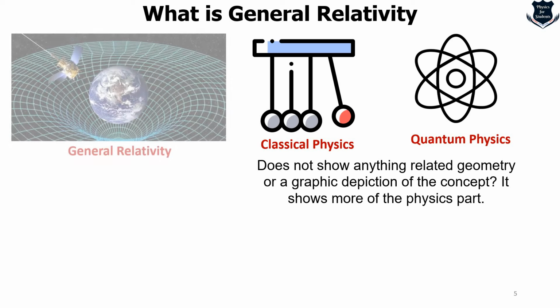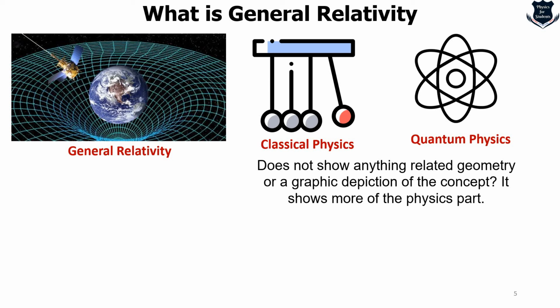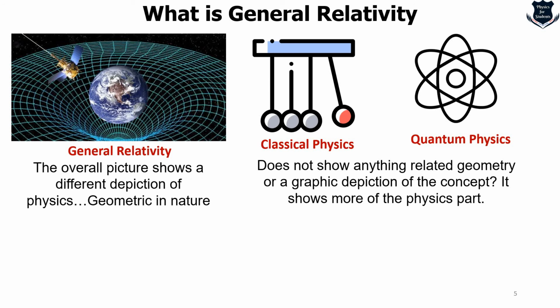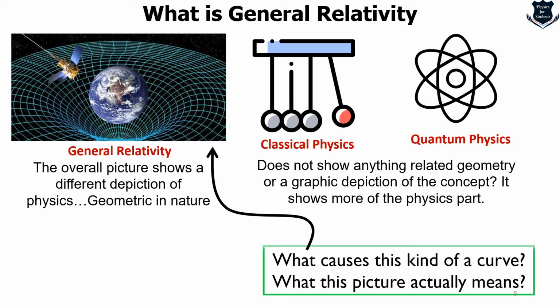On the other hand, if we look into general relativity, then we see something like this, and the overall picture shows a different depiction. It shows a geometric nature of physics, rather than a pendulum oscillating to and fro, or quantum physics where the microscopic particles are going around. So from here, what we understand is what causes this kind of curve and what this picture actually means.